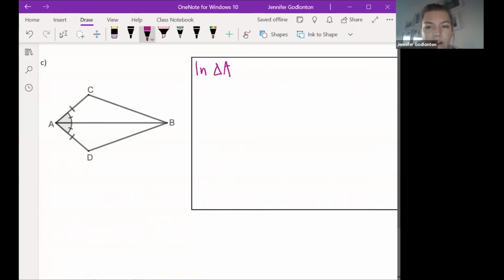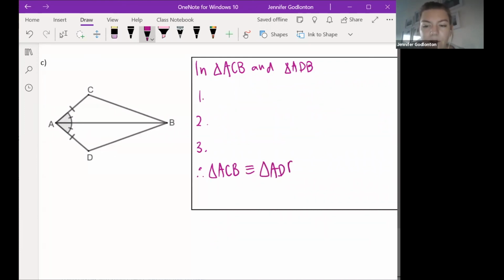So in triangle ACE and triangle ADB, all I need here are my three reasons and my final congruency reason.